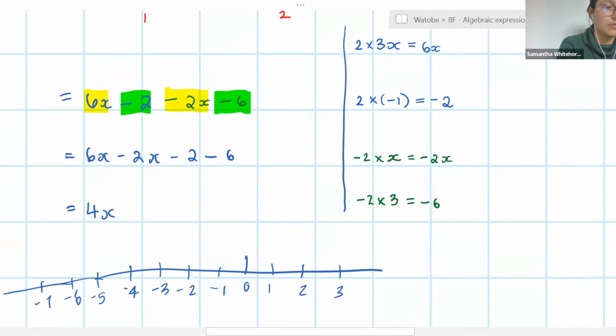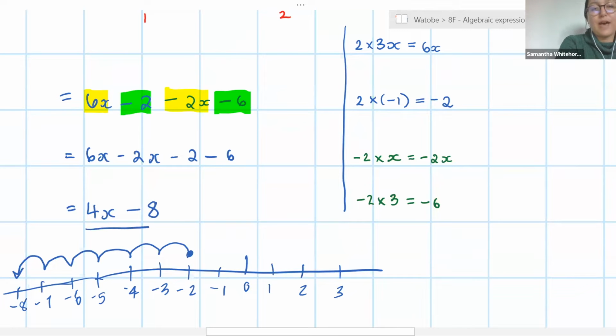Oh, my number line's really going a bit weird. Alrighty. If I'm starting at negative 2 and I'm taking away another 6, I need to go towards more negative values. And when I take away 6, I end up at a negative 8. And so that is my final simplified answer.